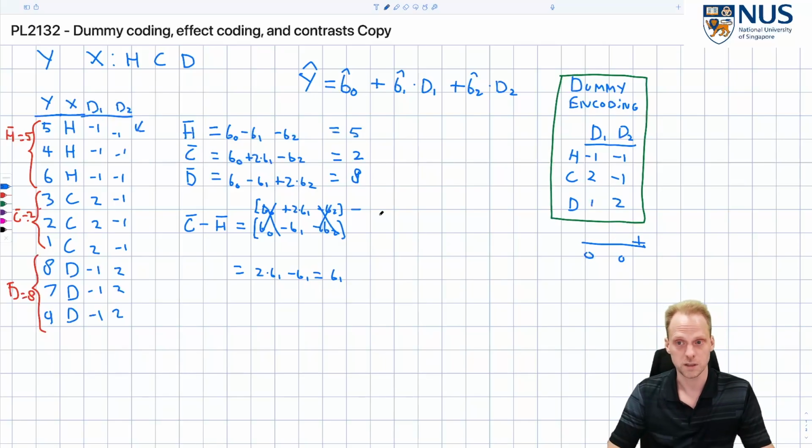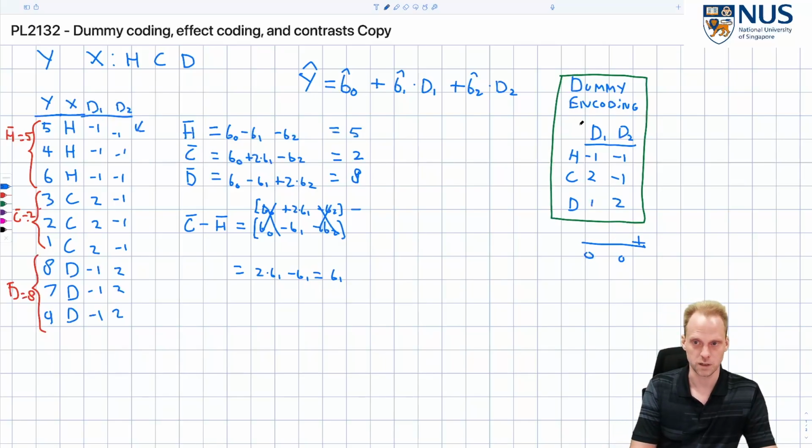So that means that the effect encoding here, the first contrast here, is the same as we had before. It's minus 1, 1, 0: the difference between cats and dogs, or cats minus dogs.